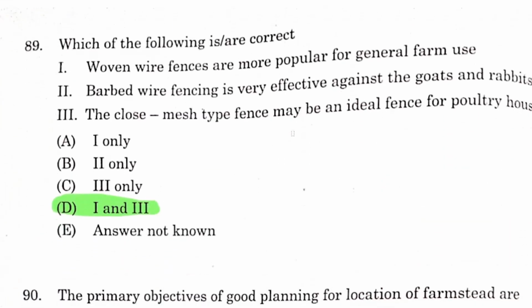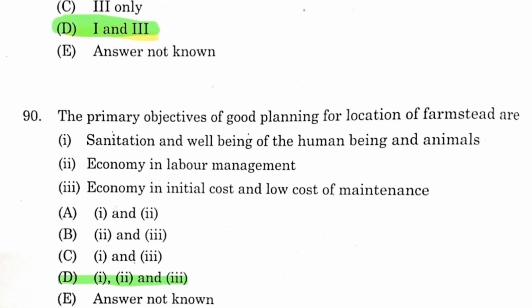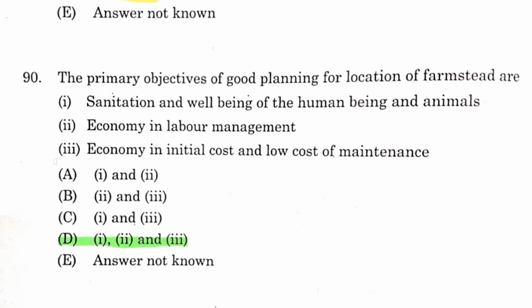Next one is question number 89. Which of the following is correct? So here statement number first and third is correct. Next question number 90. The primary objective of good planning for location of farm estate is so all first, second and third statements are true.